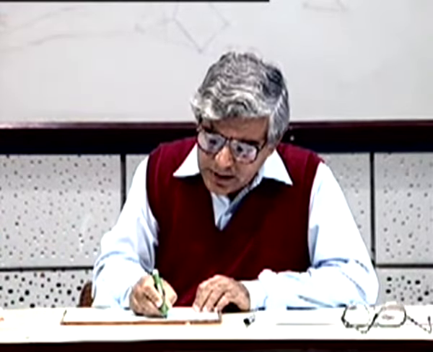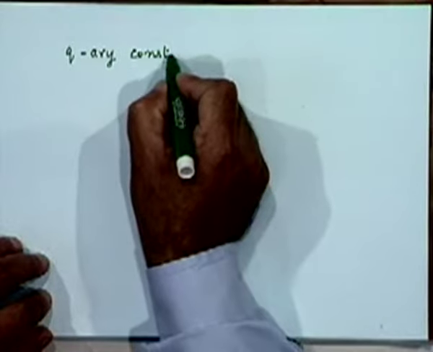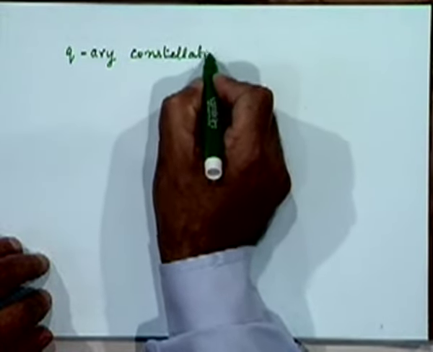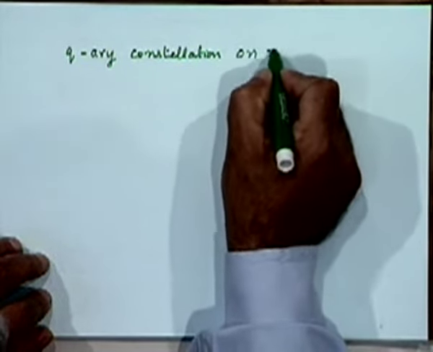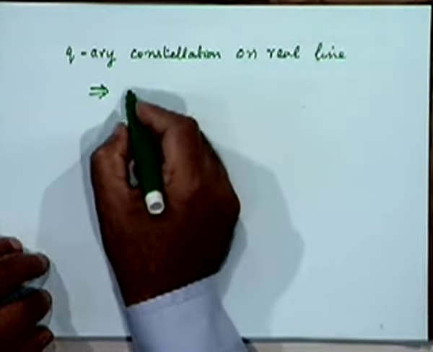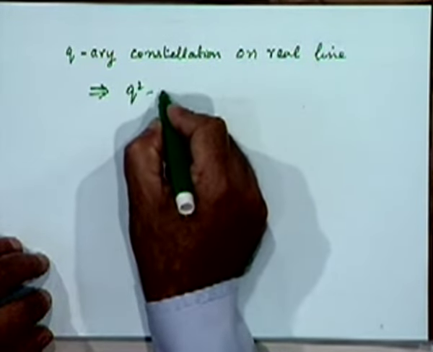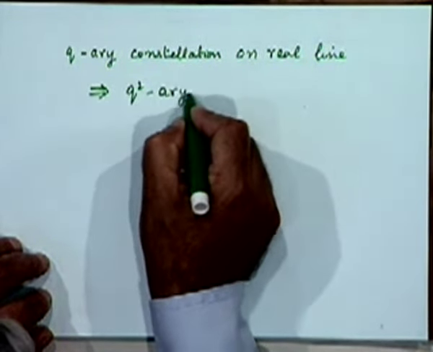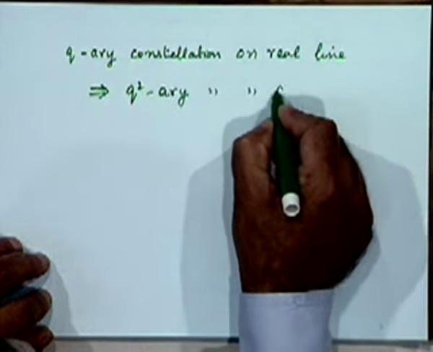So a Q-level constellation on the real line by this procedure would be mapped into a Q square array constellation on the complex plane.